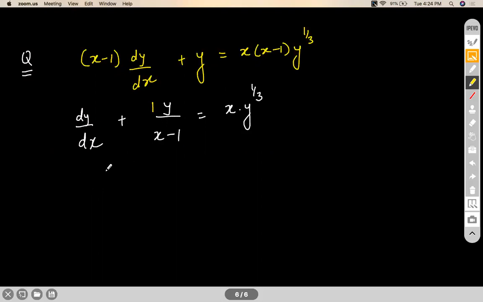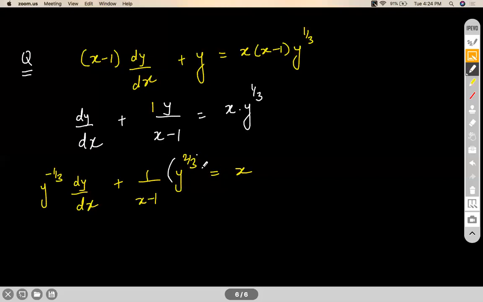Right? So I'm sure you would have done the same set of steps. So when you do that, you get y to the power minus 1/3 dy by dx, and you'll get 1 by x minus 1 y to the power 2/3 is equal to x. Done, Aditya? Very good. Okay. Now what is the next step that you'll have in your mind? Let us take this guy as a u, isn't it?